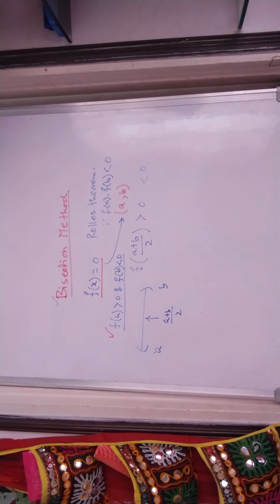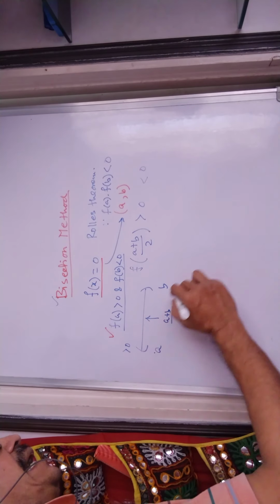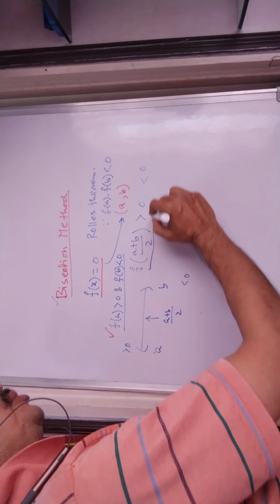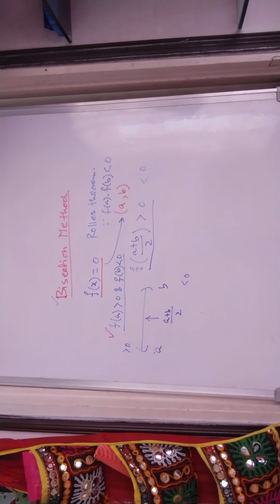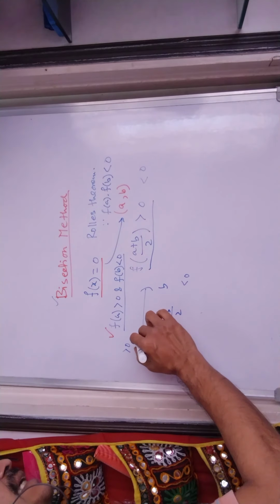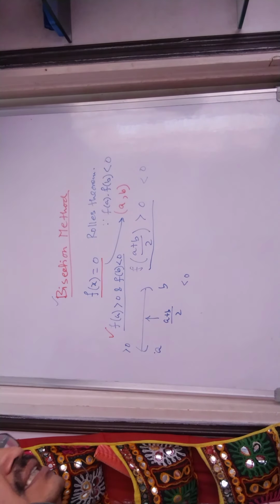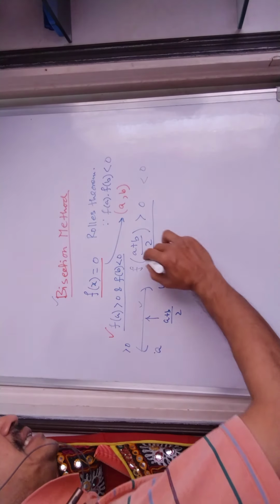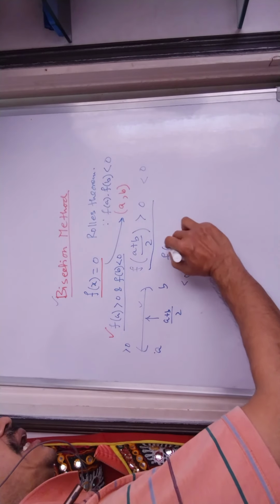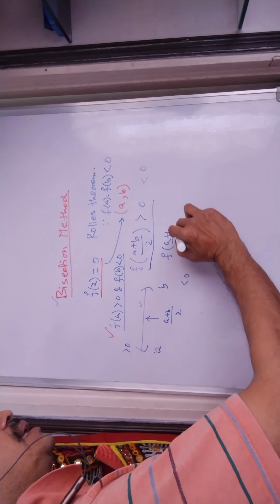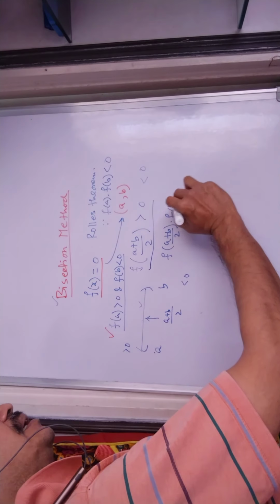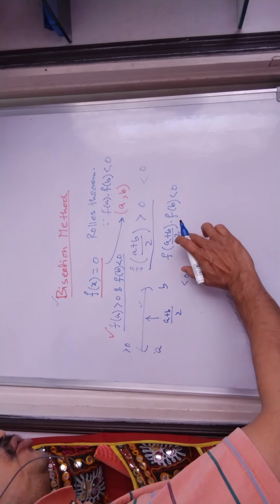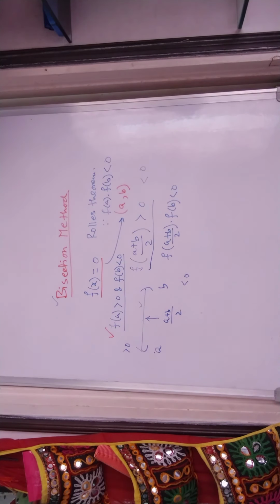Just see that since f(a) is positive and f(b) is negative, if f((a+b)/2) is positive, then we do not have the root lying in this portion. Isn't it so? We have the root lying in this portion only. That is, if this is positive, we have this to be negative. That is, (a+b)/2 and b, f((a+b)/2) and f(b) are of opposite sign.